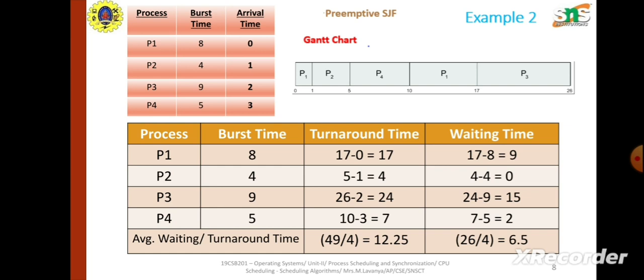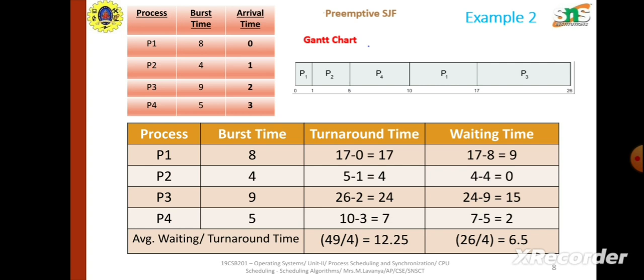So P4 has the smallest burst time and will be allocated for its execution. P4 starts its execution at 5 milliseconds plus its burst time, it's 10. So the completion time of process P4 is 10.